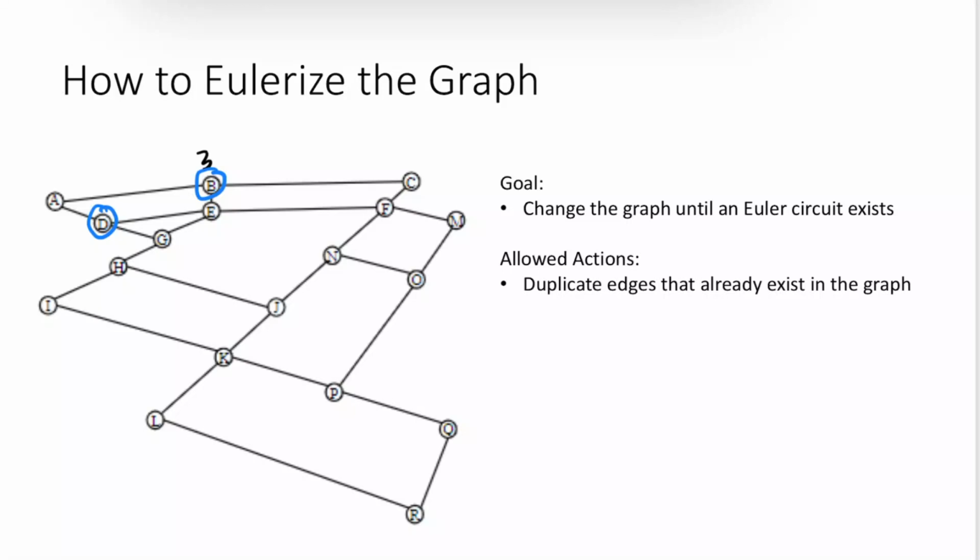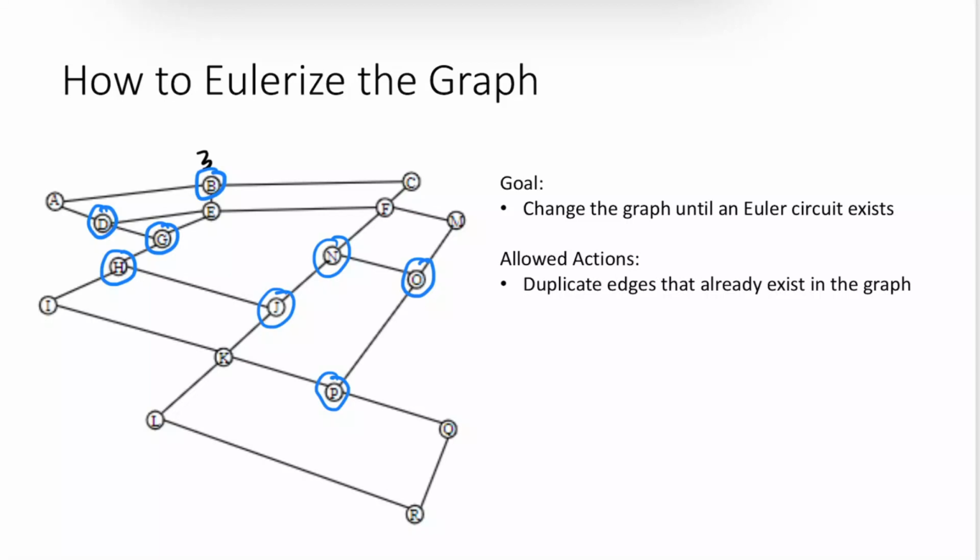F is 4, that's also fine. G is 3, so G is a problem. So is H. I is fine. J is a problem. K is fine. L is fine. M is fine. N is a problem because it's odd. O is a problem. P is a problem. Q and R are fine.